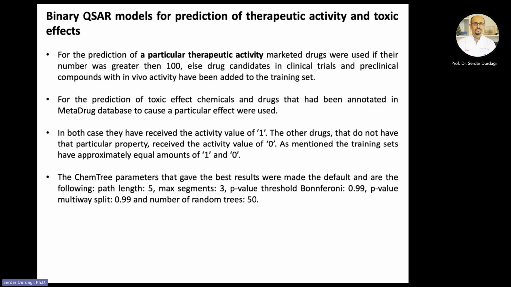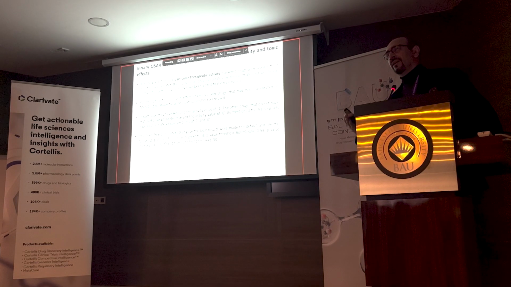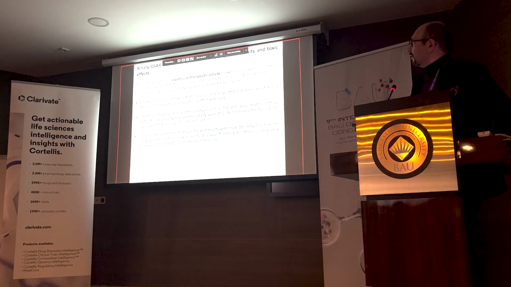So for a prediction of a particular therapeutic activity, let's say cancer, marketed drugs were used if their number was greater than 100. For the cancer, if we have more than 100 marketed drugs, FDA-approved drugs, or drugs in clinical investigation, and if this number is more than 100, then we are using only this. Else, drug candidates in clinical trials and preclinical compounds with in vivo activity have been added to the training set.